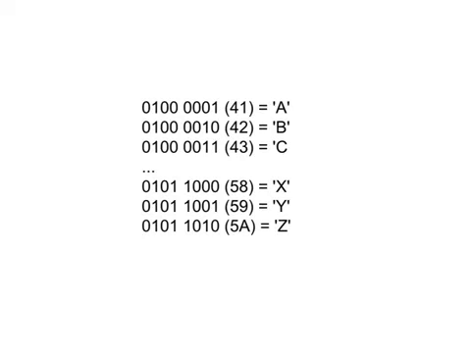Now this is not hard to remember. In fact, if you do memorize just A as being 41, you can figure out any other capital letter because it's going to be 41 plus whatever letter of the alphabet it is. So all you have to remember are these 3 things.